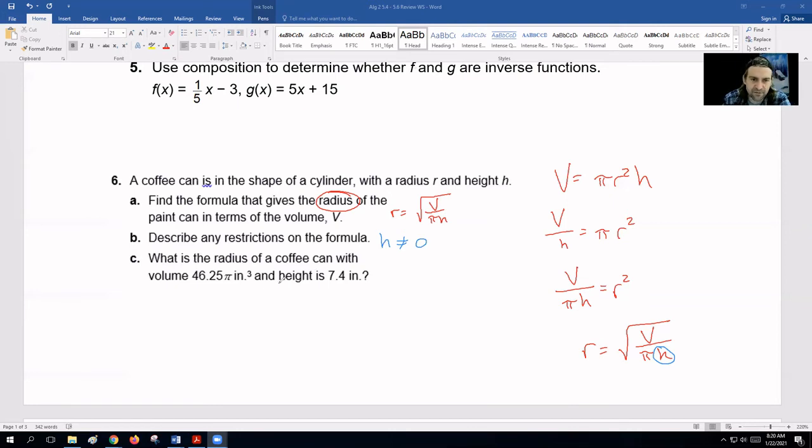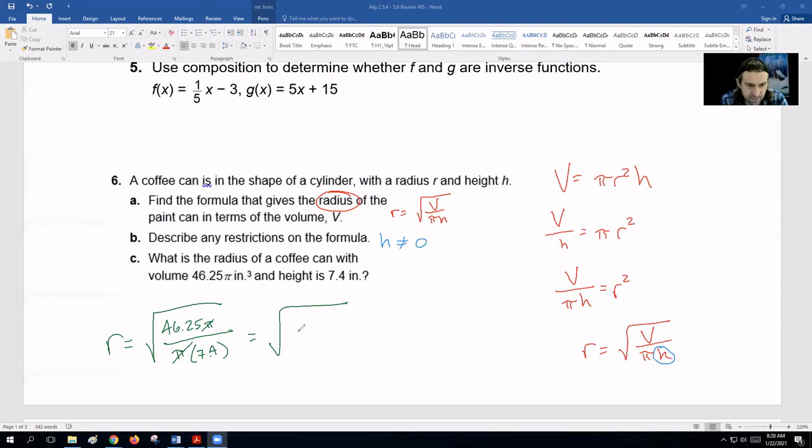Next, what is the radius of a coffee can if the volume is 46.25 pi inches cubed and the height is 7.4? Now that we have the formula, we can just plug that in. So we have the square root of 46.25 pi divided by pi times 7.4. The pi's cancel each other out. So let's take 46.25 and divide it by 7.4.